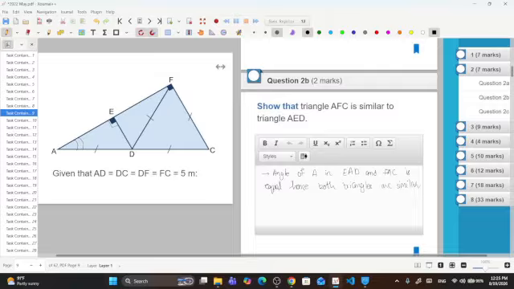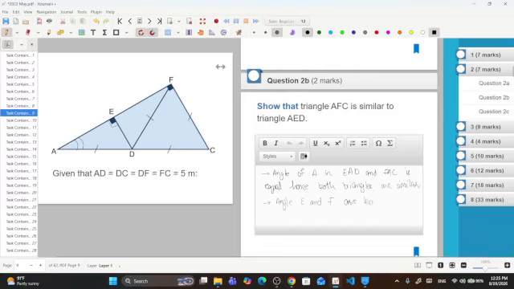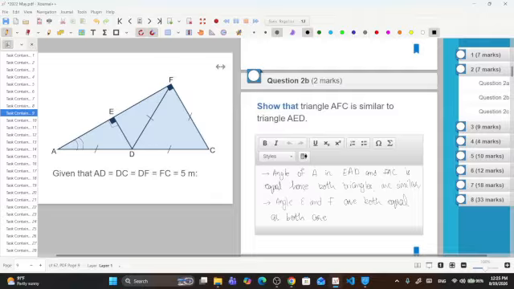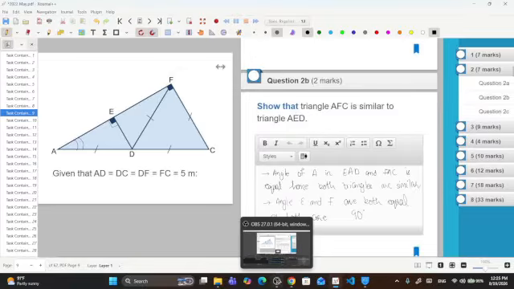So I can say that angle E and F are both equal as both are 90 degrees. So that is going to be the correct answer.